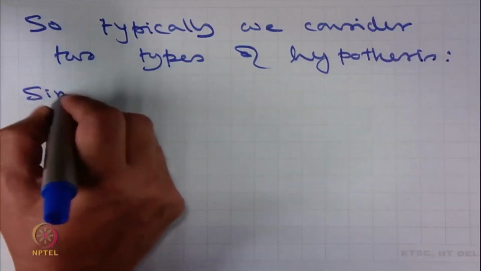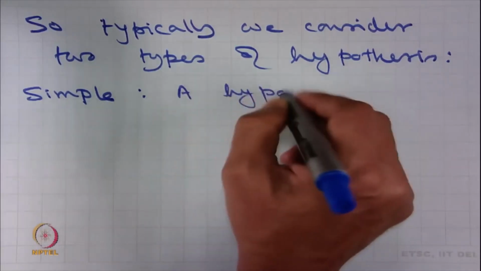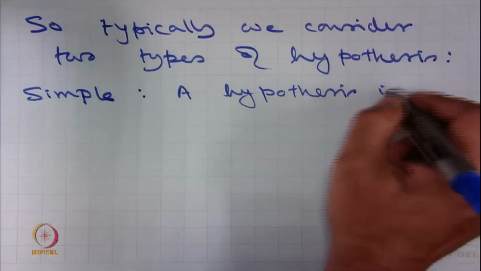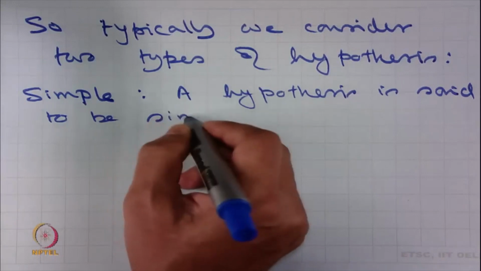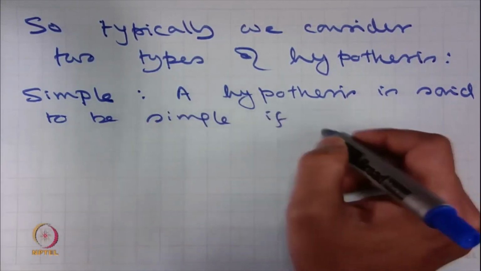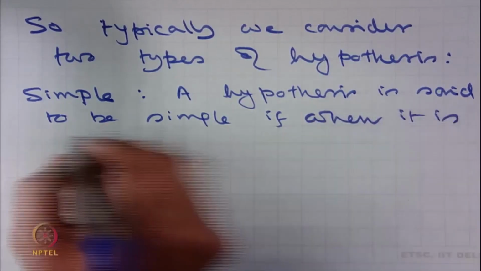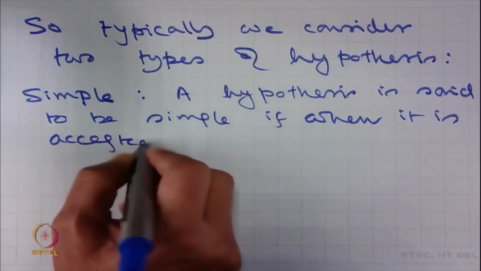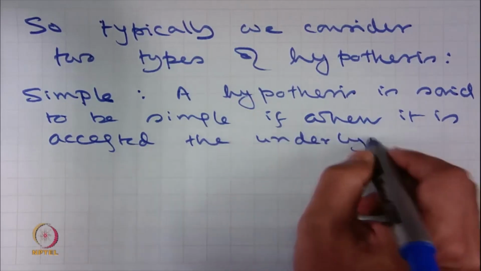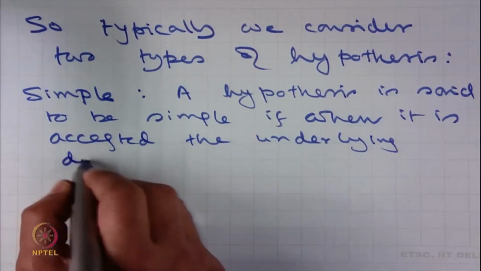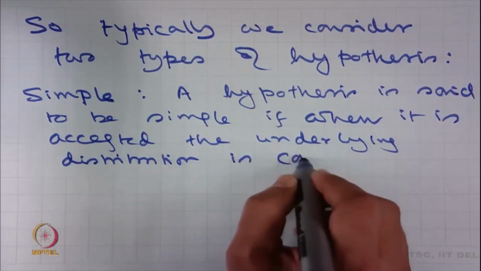Simple: a hypothesis is said to be simple if, when it is accepted, the underlying distribution is completely known.